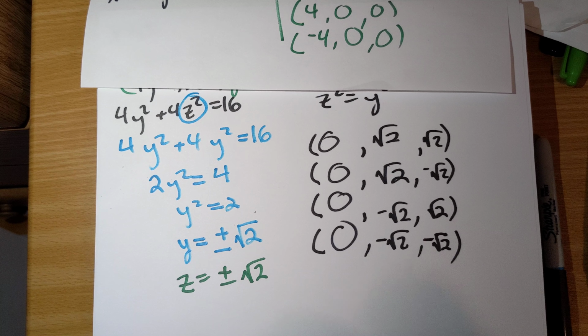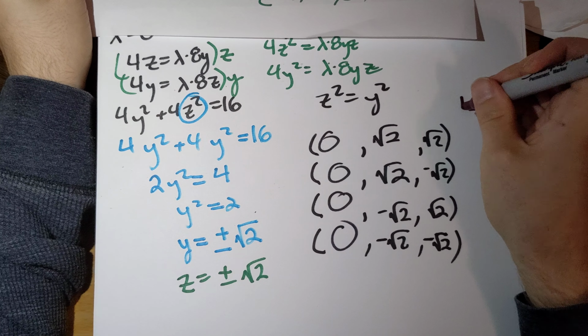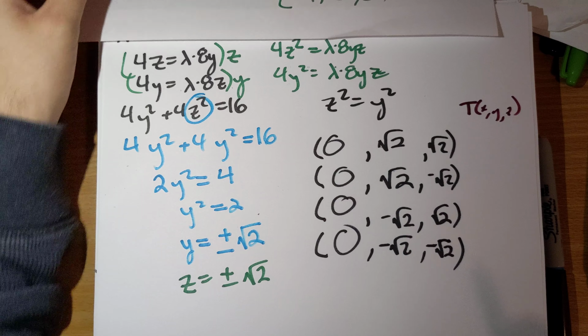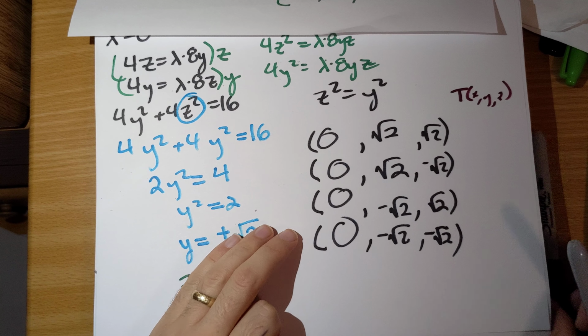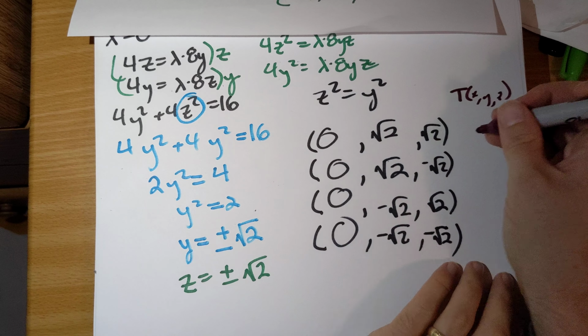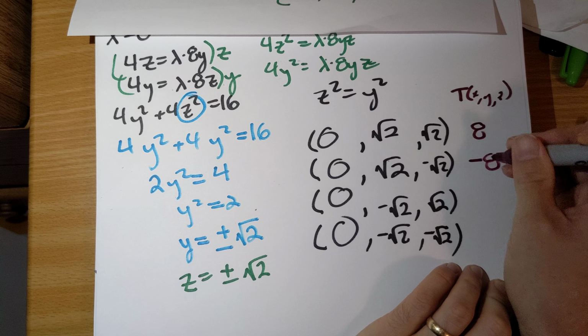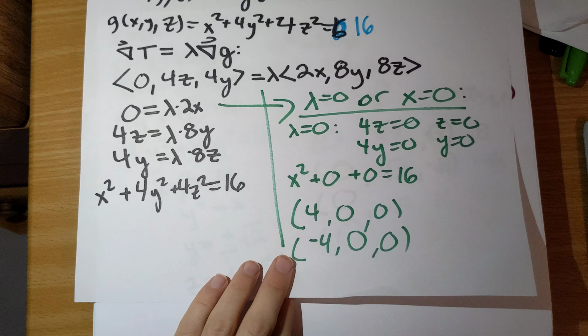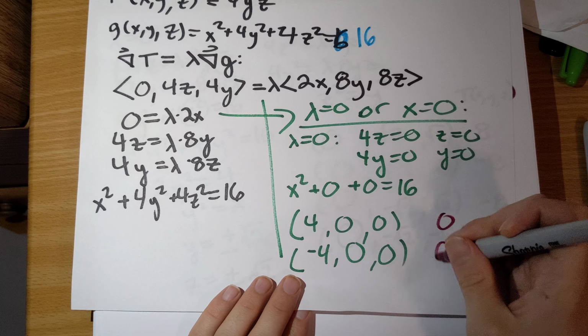And so if we do that, the temperature T of x, y, z, which is 4 times yz, would be 4 times 2 is 8, this would be negative 8, this would be negative 8, this would be 8, and then the temperature here would be 0 in each case.